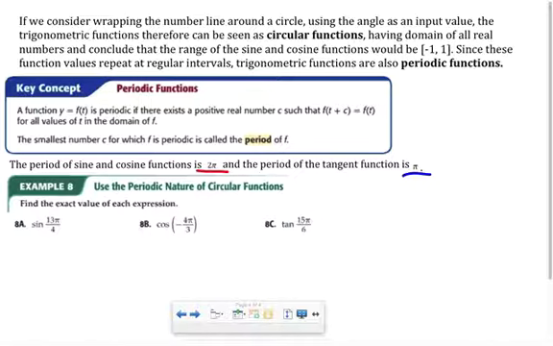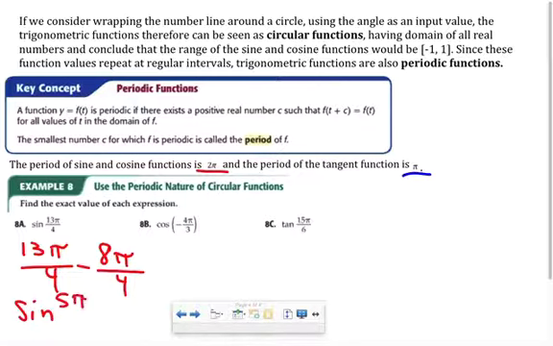So if I take 13 pi over 4 and I subtract 2 pi from it, 2 pi is equivalent to 8 pi over 4, then what I'm actually wanting to find is the sine of 5 pi over 4. And on my unit circle, that's just going to be the y-coordinate at 5 pi over 4. So I'm looking at my reference sheet and I find 5 pi over 4, and the y-coordinate at 5 pi over 4 is negative radical 2 over 2. So that's my answer.